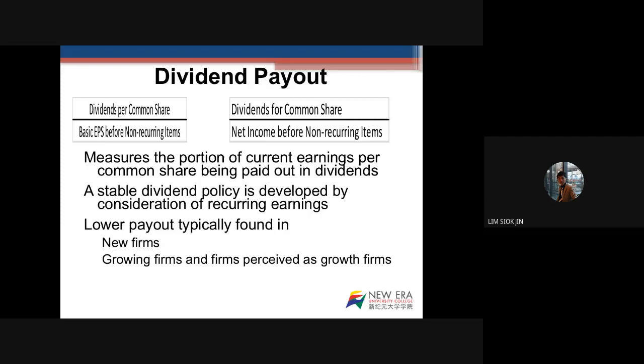Dividend payout. So again, when the company make profit, I'll show you here. When the company make profit or income, they will have to decide two things. One is how much to retain, how much to keep in the company.